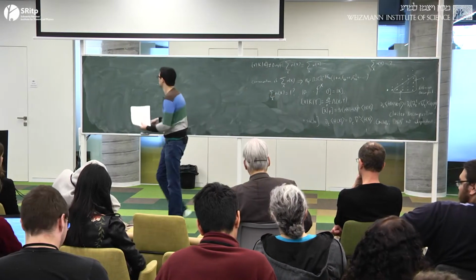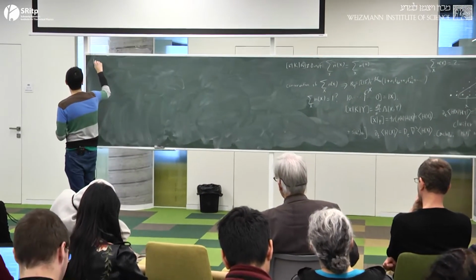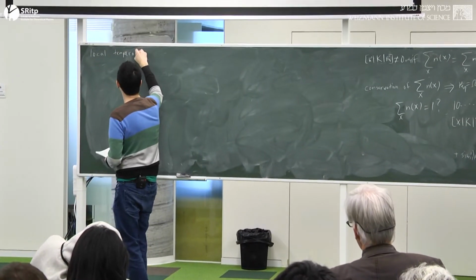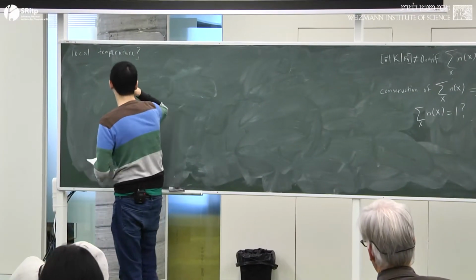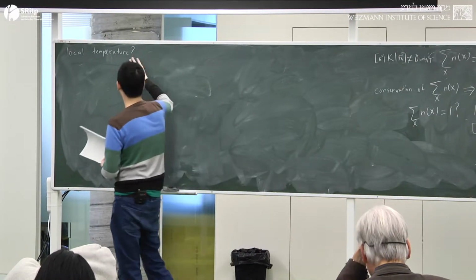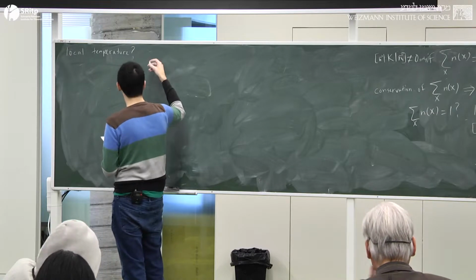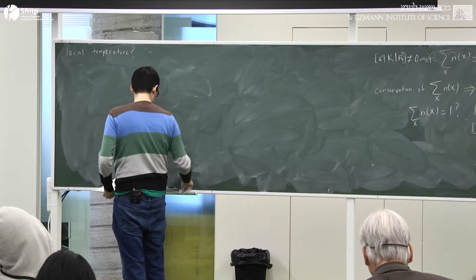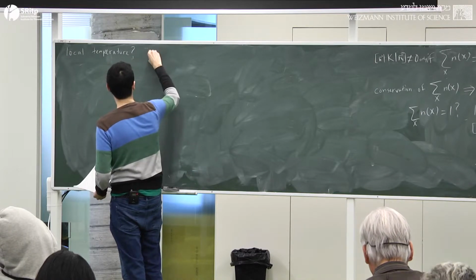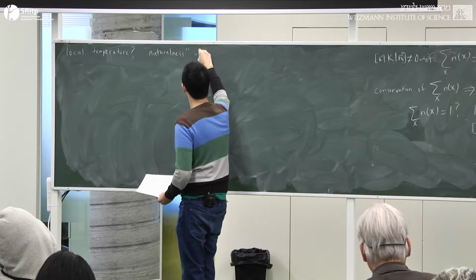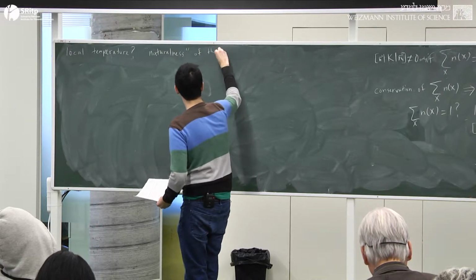Okay. So now the next question is, can we understand the extent to which a local temperature is naturally defined, and in particular, can we understand the naturalness of the thermal density matrix?